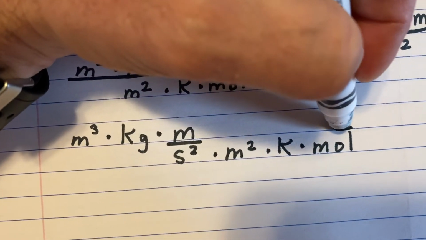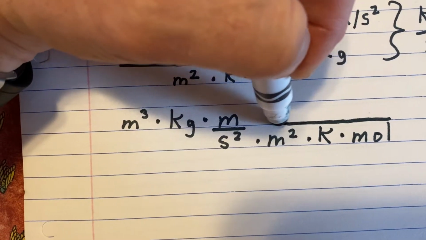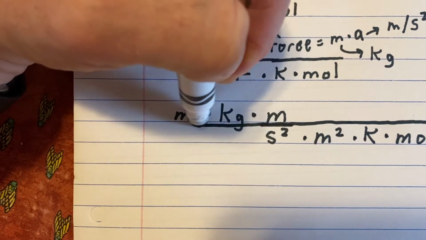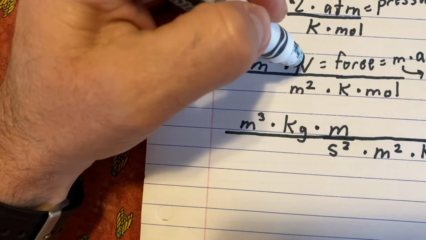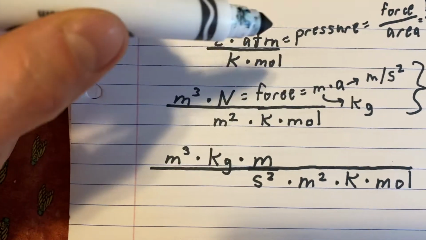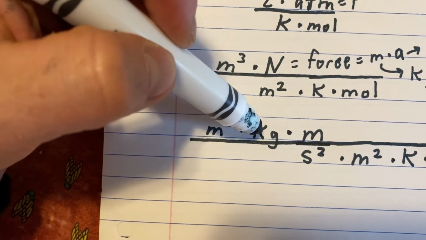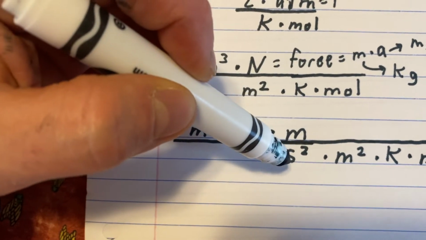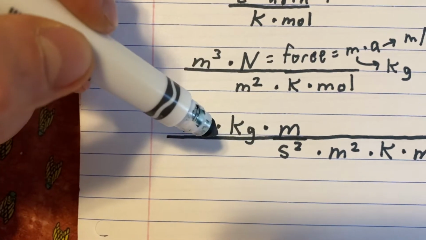So what I did is I took my newtons, which is mass times acceleration. Mass is kilograms. Acceleration is meters per second squared.